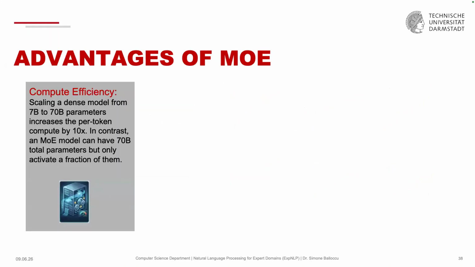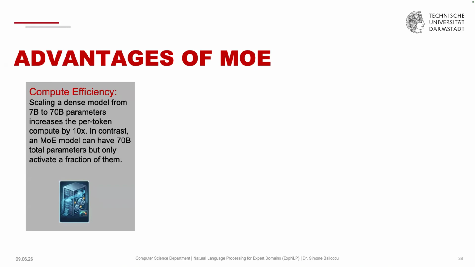Now let's talk about the advantages that MOE brings for us. A really good advantage that it brings is that the model doesn't have to activate all of these parameters. So basically it brings us compute efficiency.